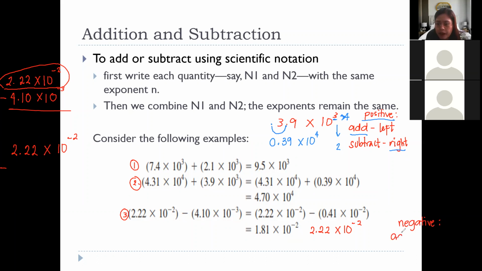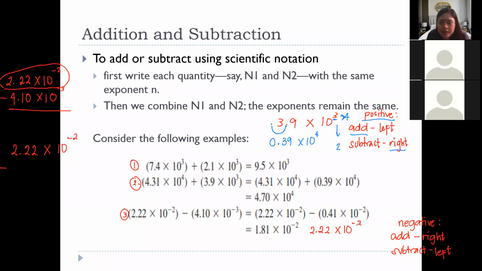If gusto ta mag-add, example, himuon nato na siya 3 instead of 2, we will move the decimal to the right. Ibaliktad lang nato. But if we want to subtract, like ang 2 himuon nato og 1, then we will move the exponent to the left.